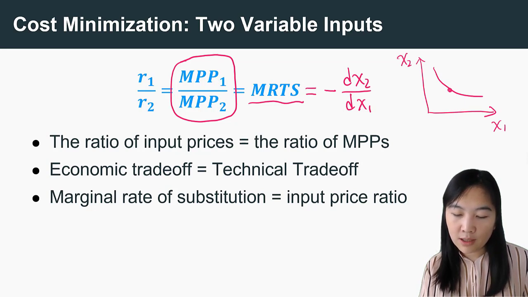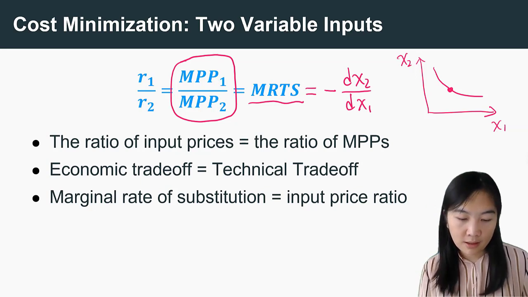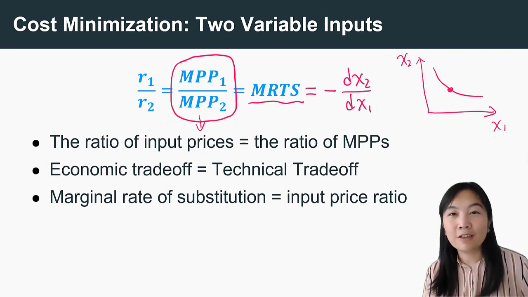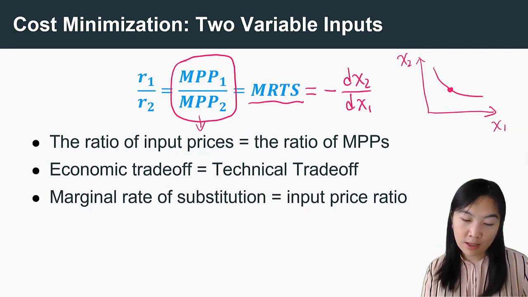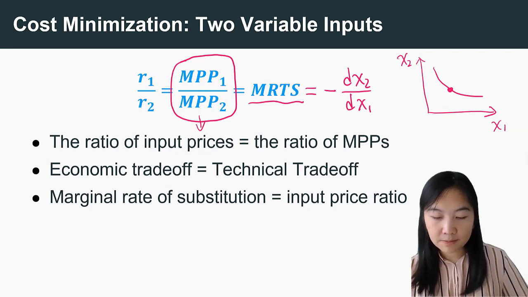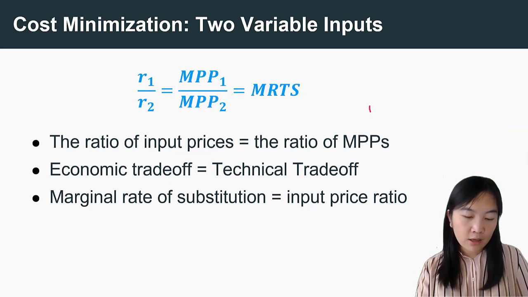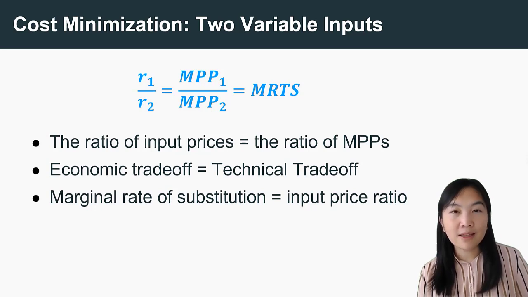So for this isoquant at a specific point, the negative of that slope is equal to the ratio of the marginal physical products. If you don't remember how we ended up with this relationship, you should probably go back to the lecture where we introduced the RTS concept. So the condition is saying that the marginal rate of substitution is equal to the input price ratio. This is another way that you can interpret the optimality condition.